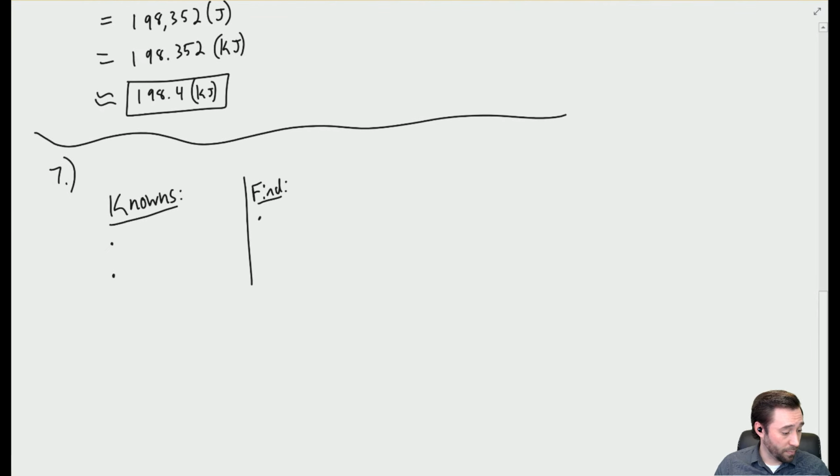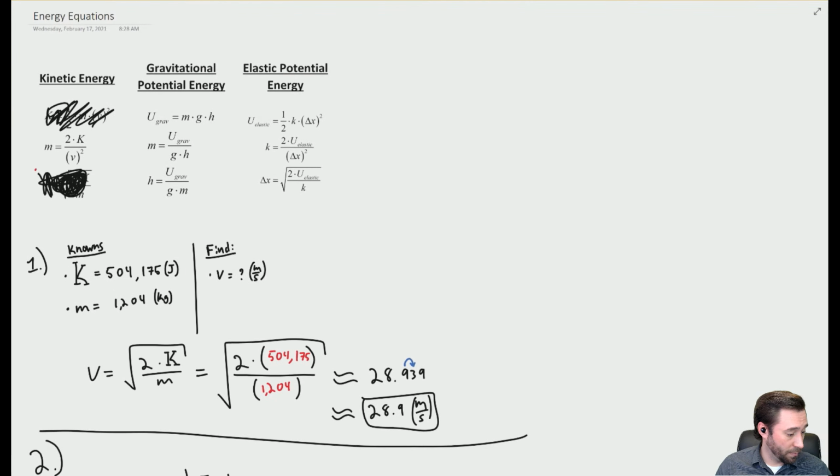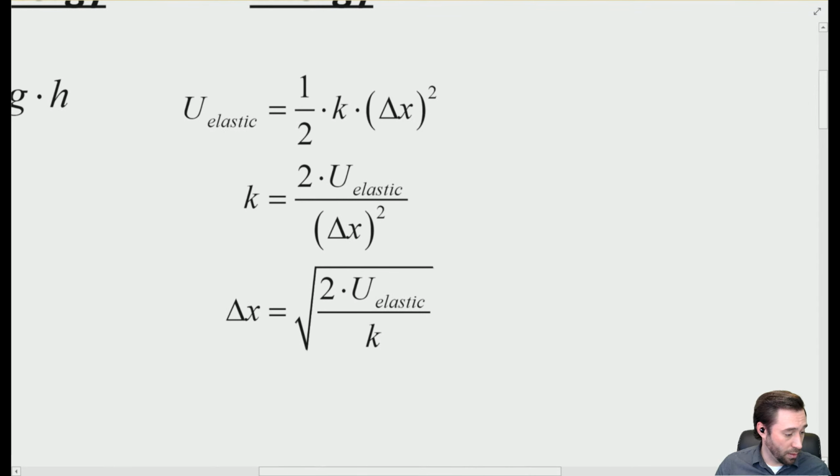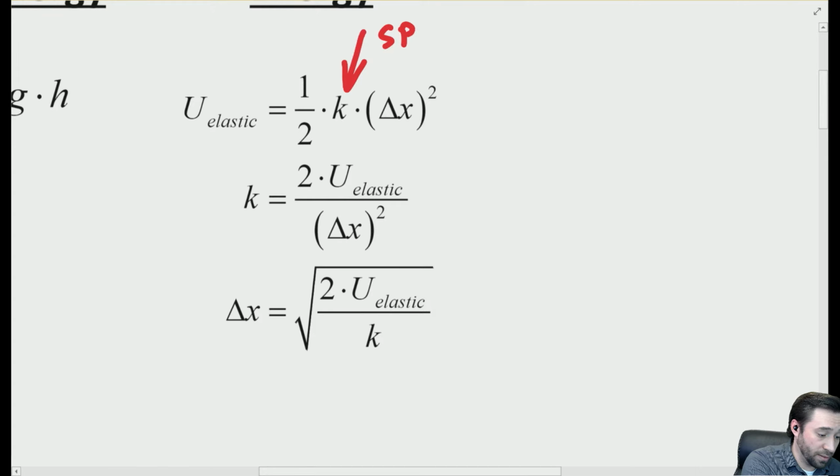So if I look at my equation, what I want to emphasize, or just as a reminder, is that this is the spring constant. And this is the displacement.